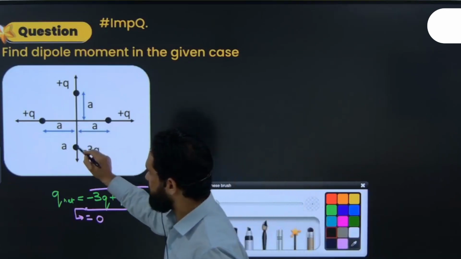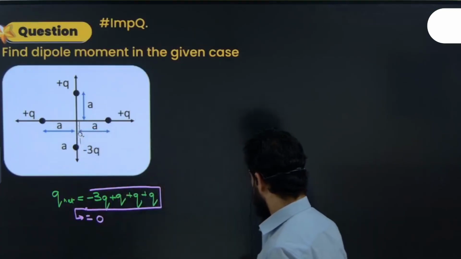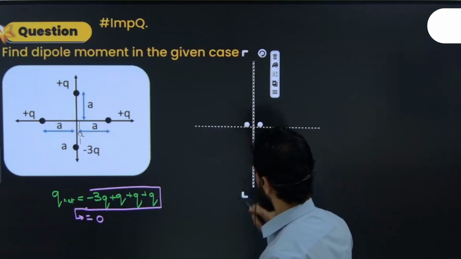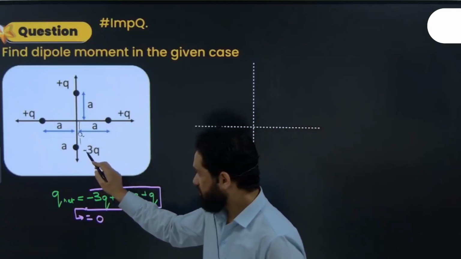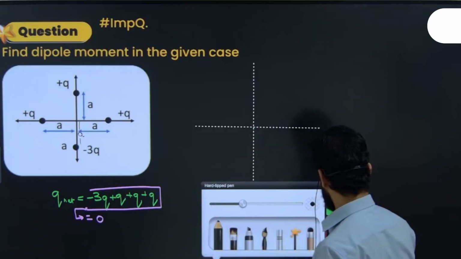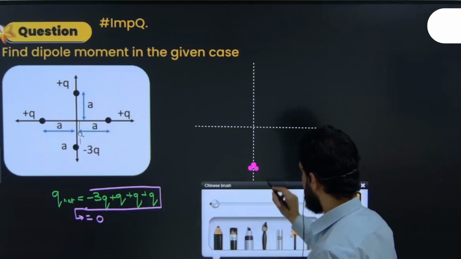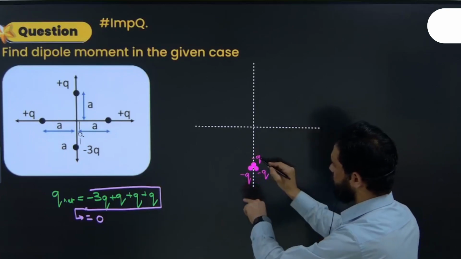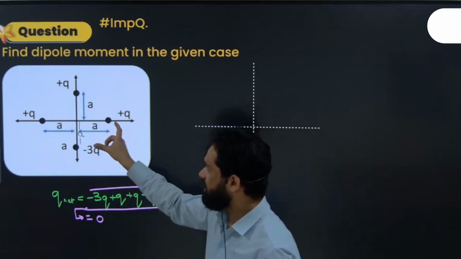So let's find out what the question is saying. The question is saying that every charge is placed at a distance a from the center. So let me make one more arrangement here. Here you can see it is minus 3q. This minus 3q I will split into 3 equal charges, and every charge I will write as minus q, so that every negative charge of minus q will act as one of the charges for the 3 dipoles.